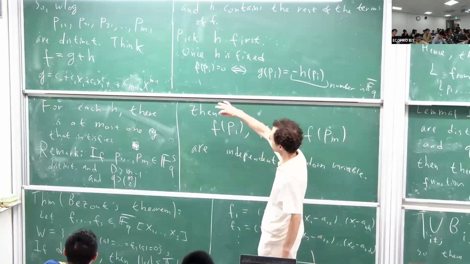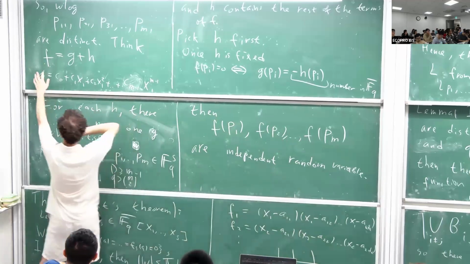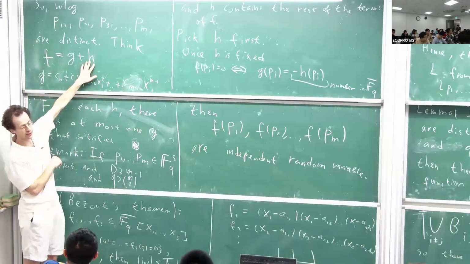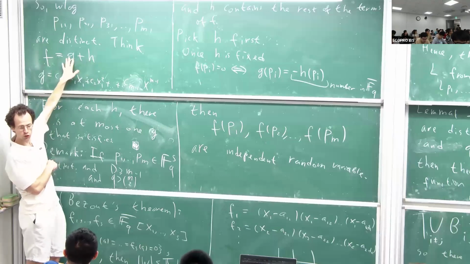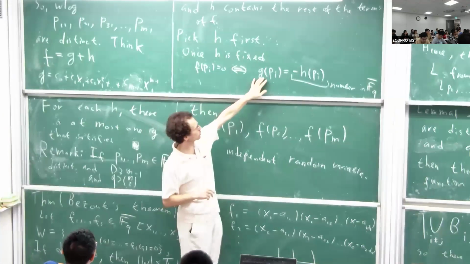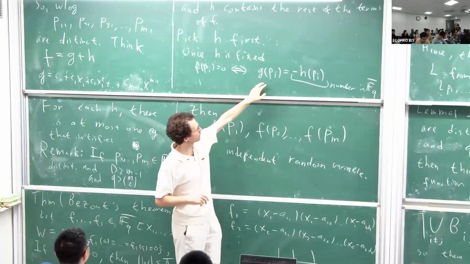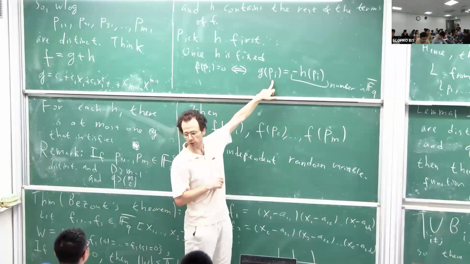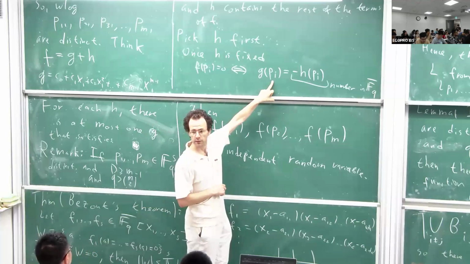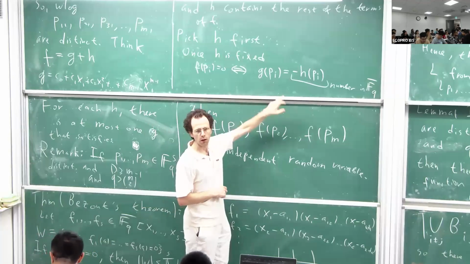We're choosing a random polynomial F in two stages. First, we choose all the coefficients which are in H, and then we choose G. And we are not looking at the roots of G. We are looking at the values of G at these particular points. So I think the at most one comes from the application of the uniqueness theorem.